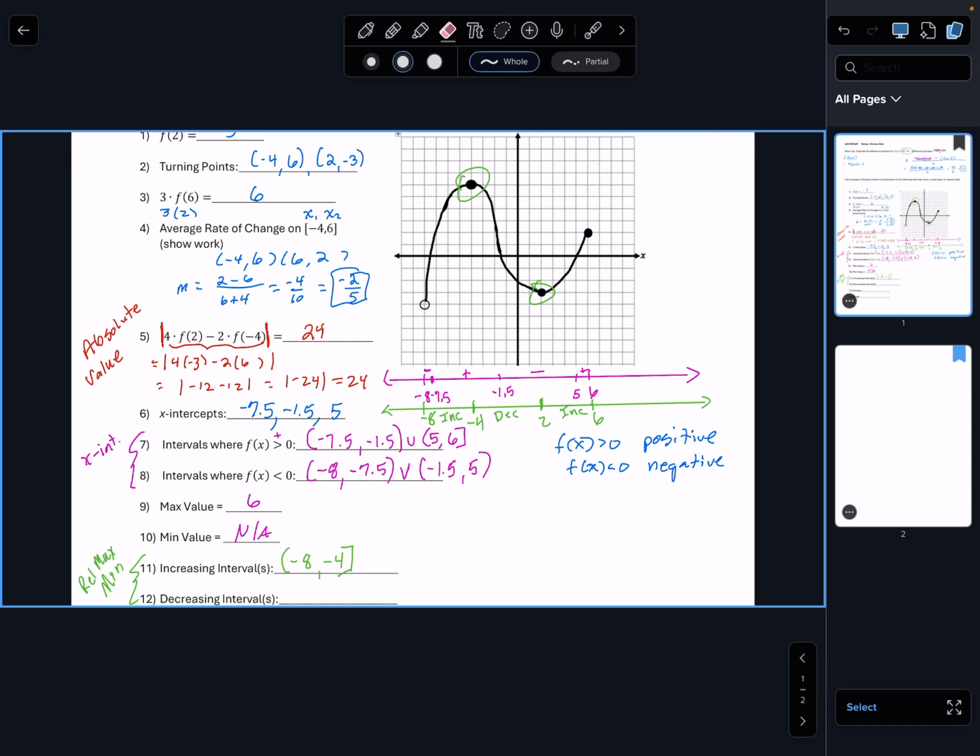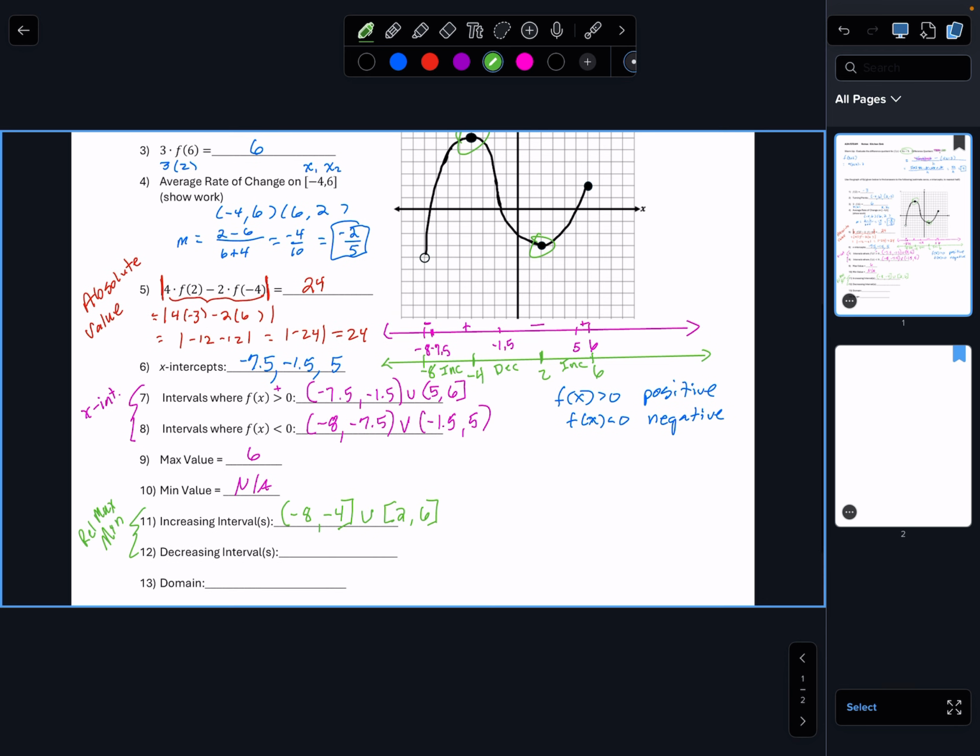And then we use the union symbol. And then we have 2 to 6, defined at each of those points, and so they both will have brackets. And your decreasing interval, -4 to 2.